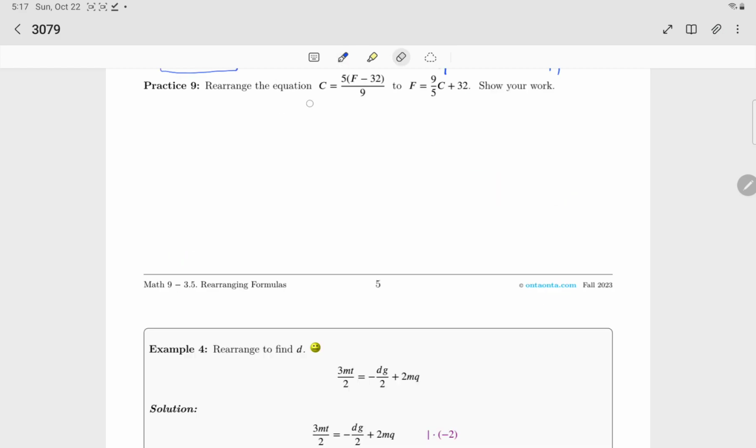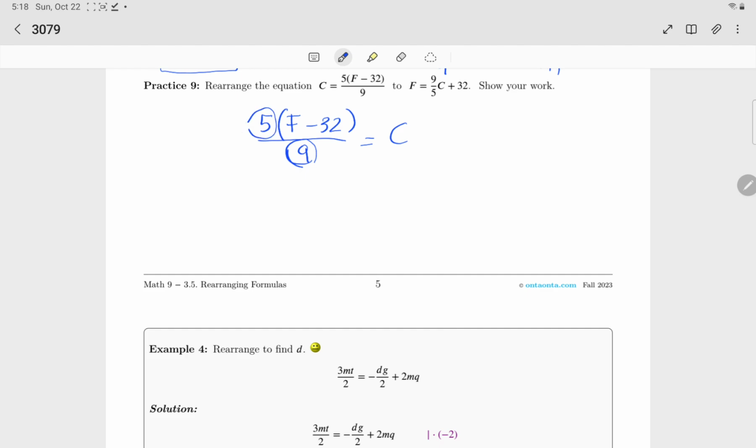Next, we're going to rearrange the equation for Celsius to an equation in Fahrenheit. First, we're going to switch the sides, so we have Fahrenheit on the left side. Next, we're going to multiply each side by 9 and divide by 5.